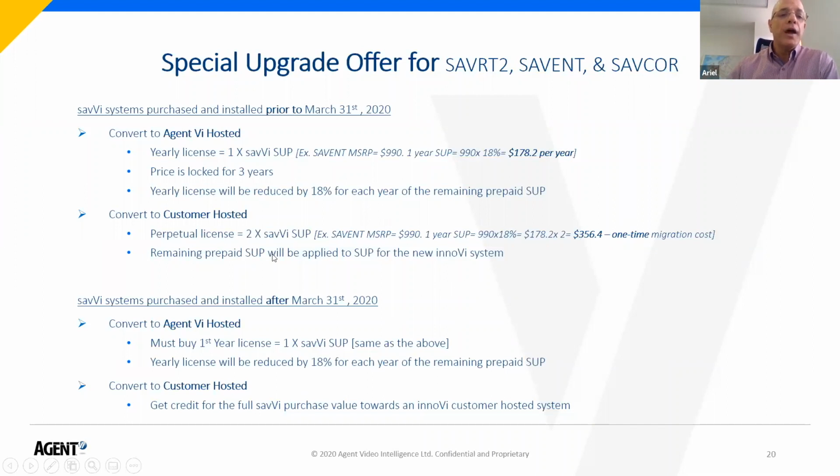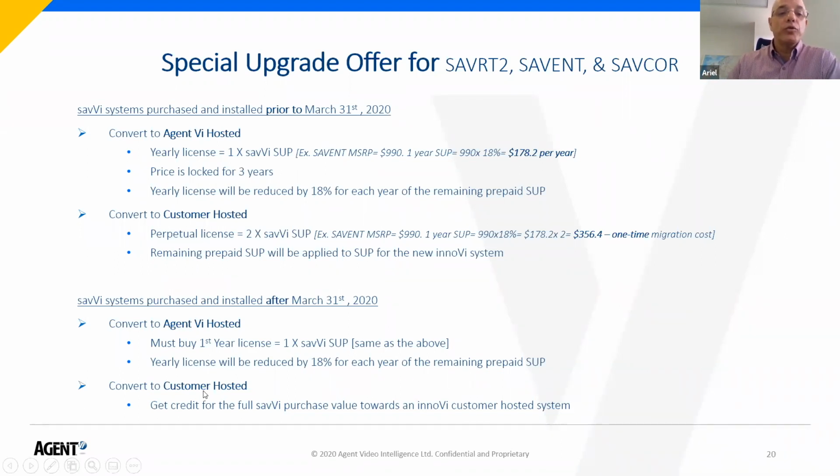Okay. As for any SAVI system, any purchase order that was made since March 31st, 2020, if you convert it to AgentVI hosted, it will be the same mechanism as above, meaning that you have to buy 1 year of AgentVI. It's an annual license, which is equal to 1 year SUP. And again, if you already purchased SAVI's SUP in advance, it will be discounted.